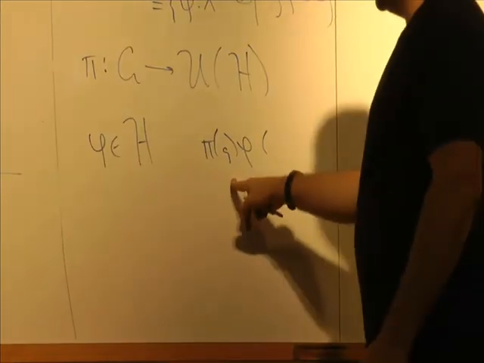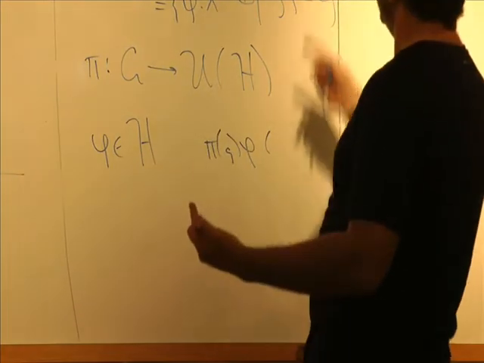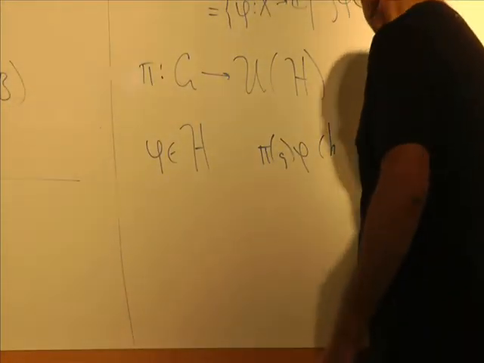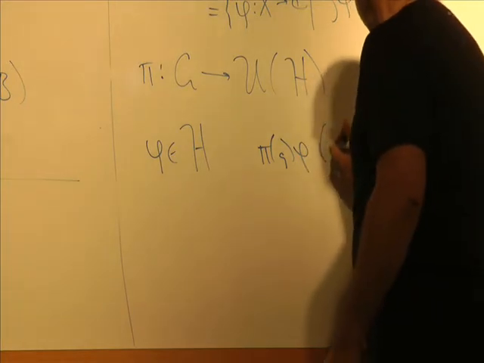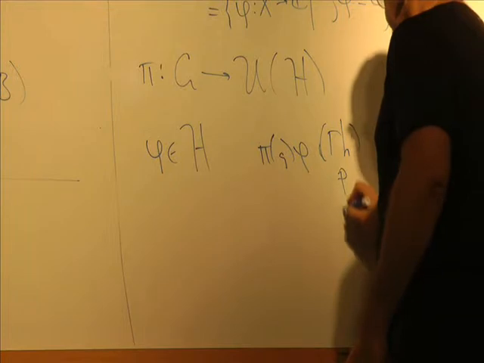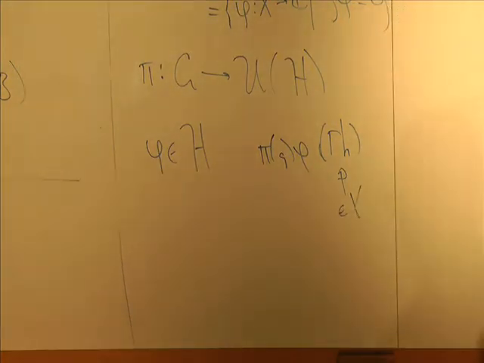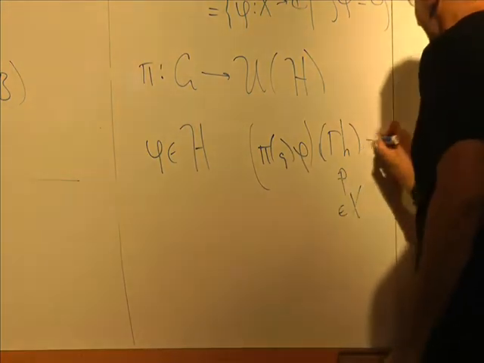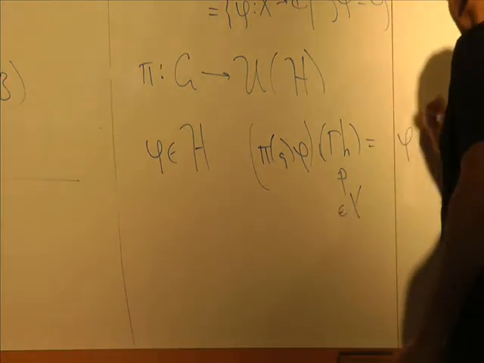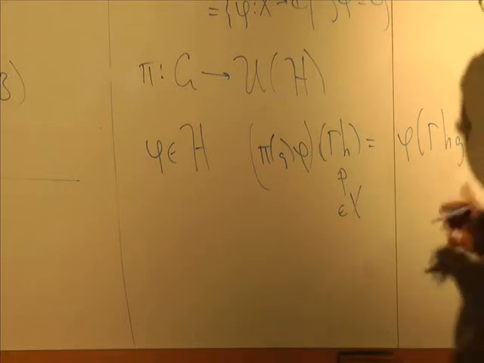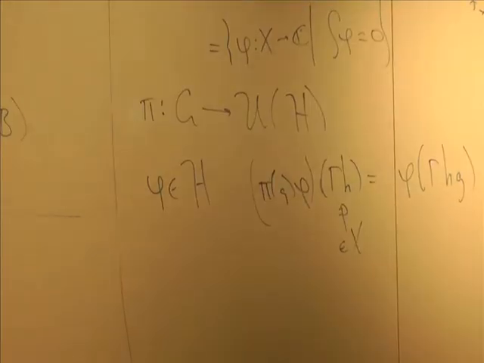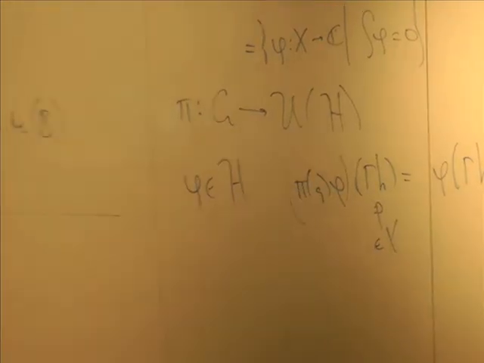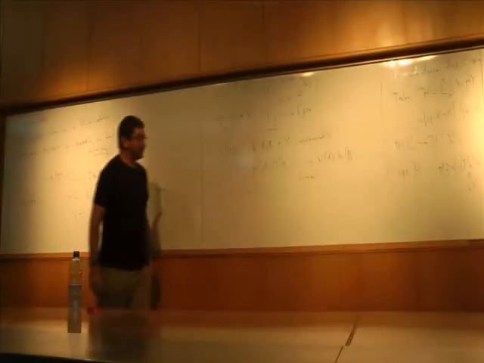Now I used g here for an element of G. I also need points in X, which is G mod gamma. So let me write this: H, so this is a point x. And I want to tell you the value, and the value of that is going to be phi at gamma hg. So you just translate on the right, you act by g, so not only these elements act on X, all of the group G acts on this. In fact, it acts transitively.